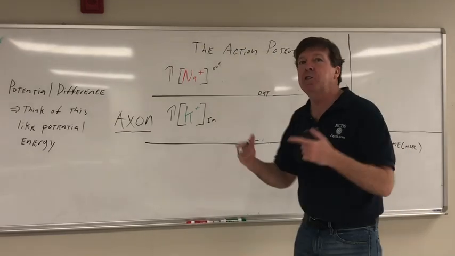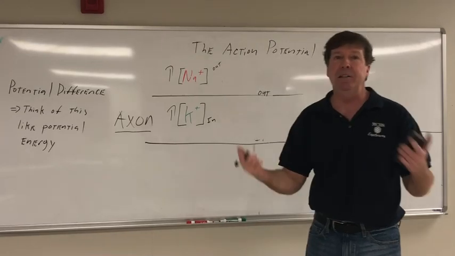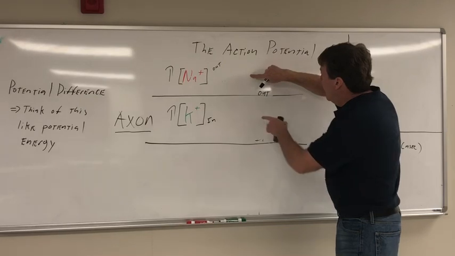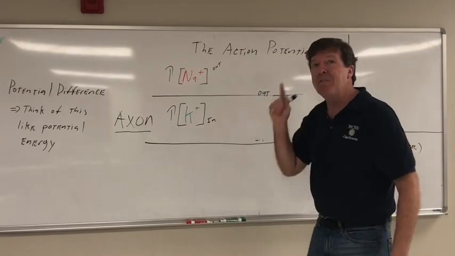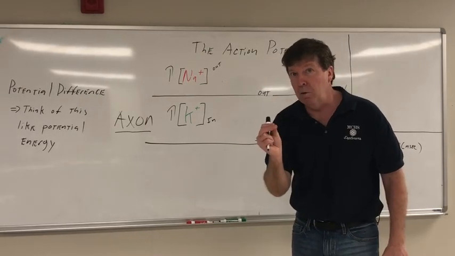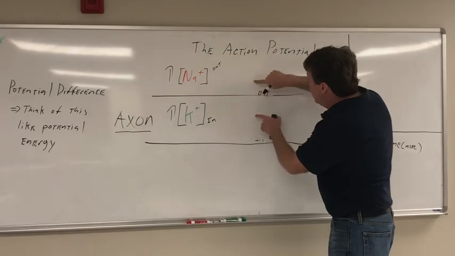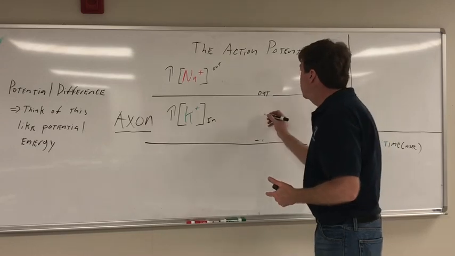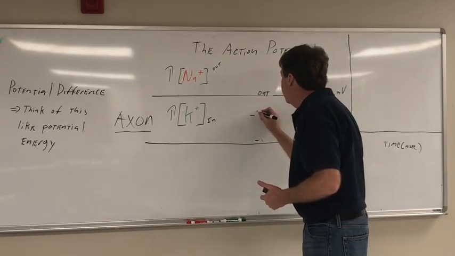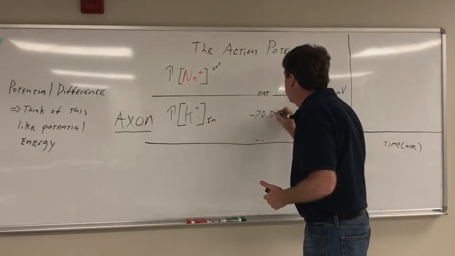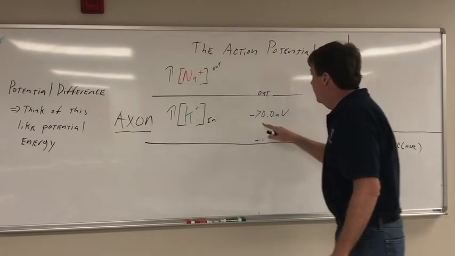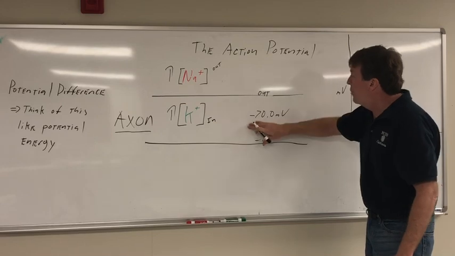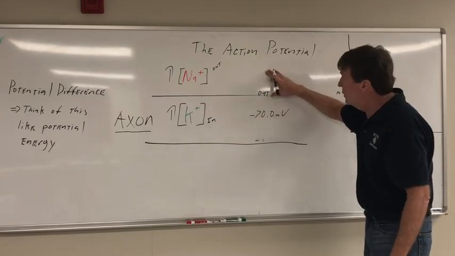And if you actually measured that potential difference, if you took a voltmeter and put a voltmeter here and a voltmeter here, it's going to be a microvoltmeter. If that voltmeter were placed here and here, we would register a charge of approximately negative 70.0 millivolts on the inside relative to the outside.